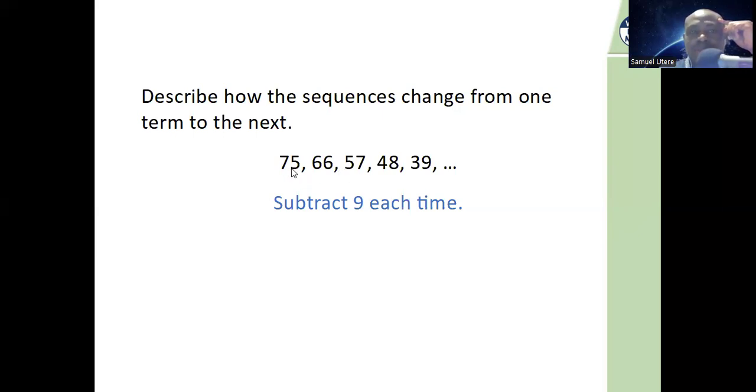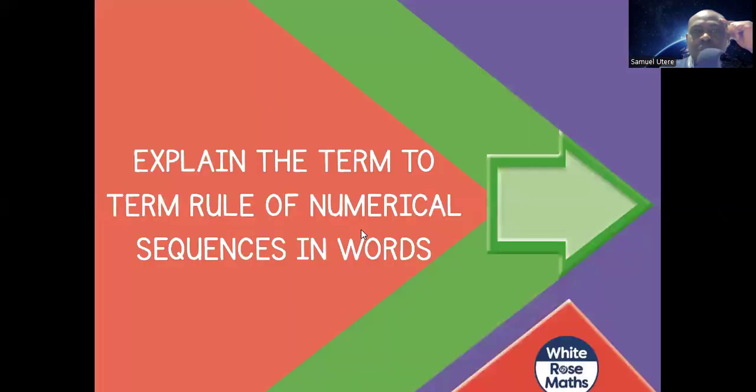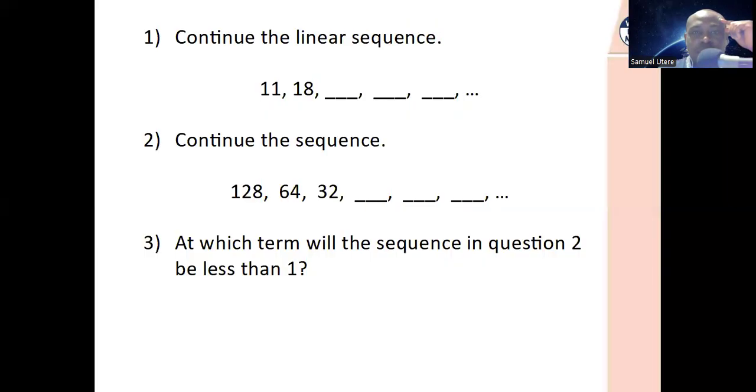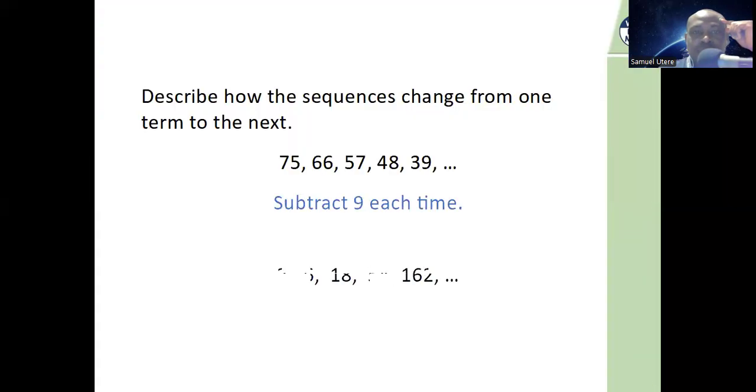So you start with 75, you subtract 9, and then you subtract 9 again, you get 57. So this is the rule. Remember, the title of our lesson is to explain the term to term rule of numerical sequences in words. So we're going to be using words like this. Now, in this one you have 2, 6, 18, 54, 162.